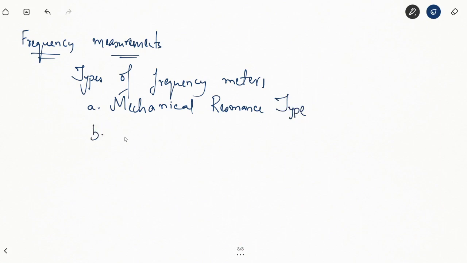Secondly, we have the electrical resonance type.